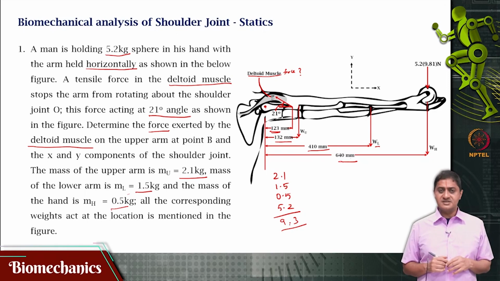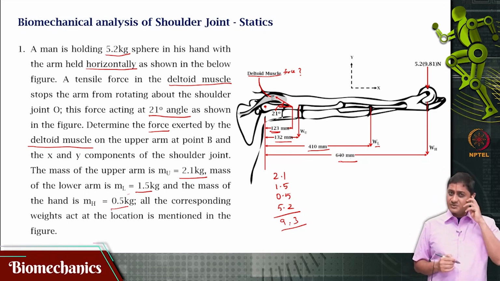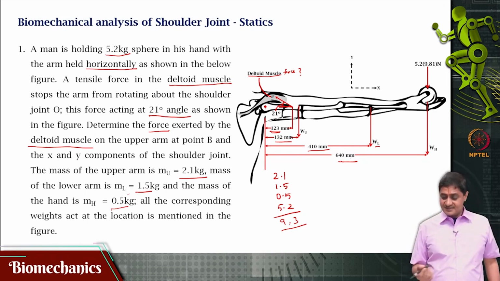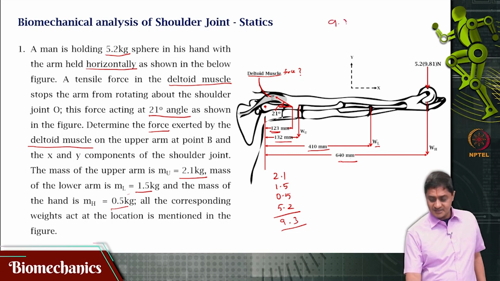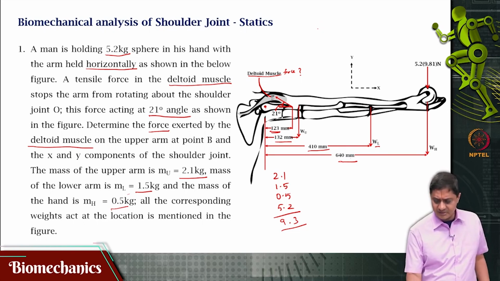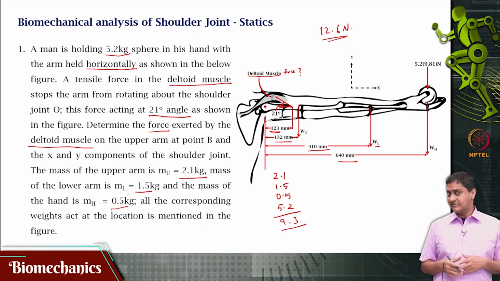This is critical because sometimes students find this answer and then they will write out the answer as 9.3 Newton. They might get some answer, not necessarily 9.3, they might get say 12.6 Newton. It is extremely unlikely for this to be correct.